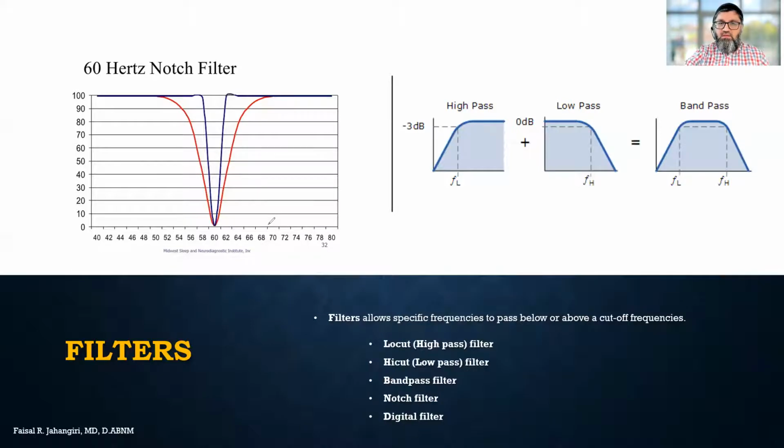The second phenomenon is known as the ringing effect. If you have a signal, there's always a stimulation artifact in the beginning, and then we have an evoked response. If you use the notch filter, that stimulation artifact will ring.